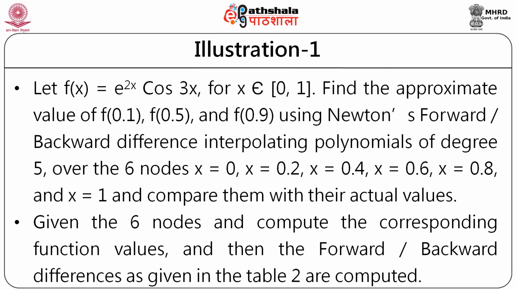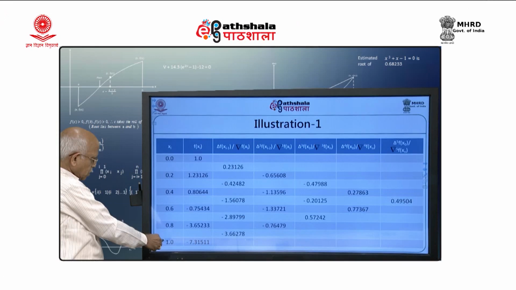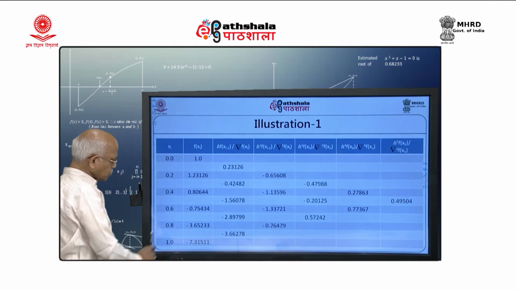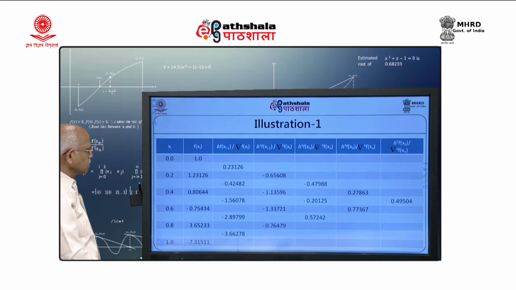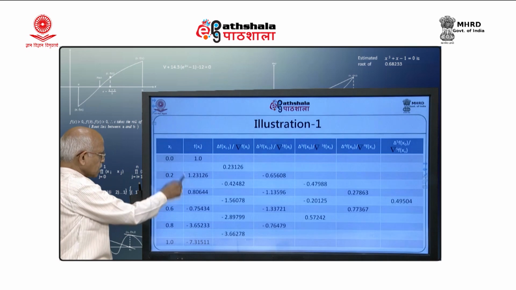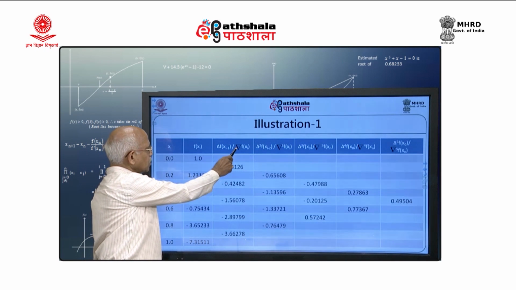and then the forward and backward differences as given in table 2 are computed. So, first we do that. Here we are given the 6 nodes. These values are found from the form of the function f x. The first value will be 1 and the other values are computed from the formula for f x. Then we get delta f x i, which is the same as del of f x i.